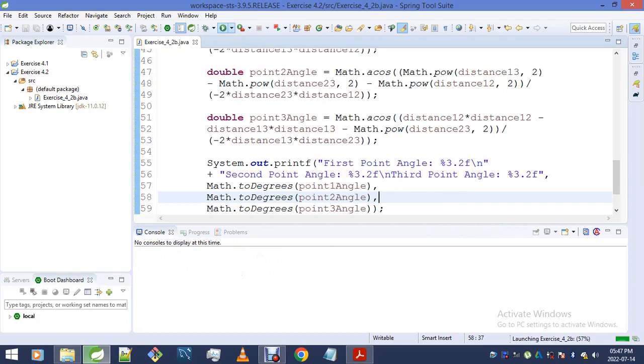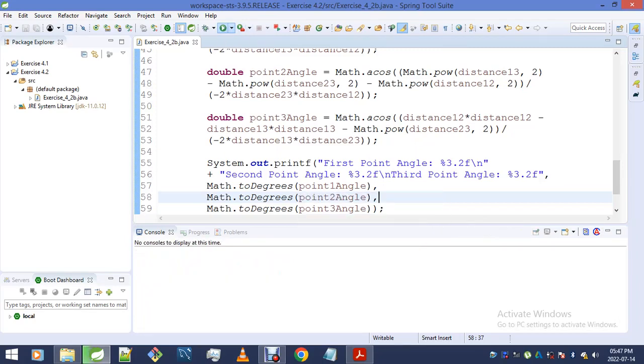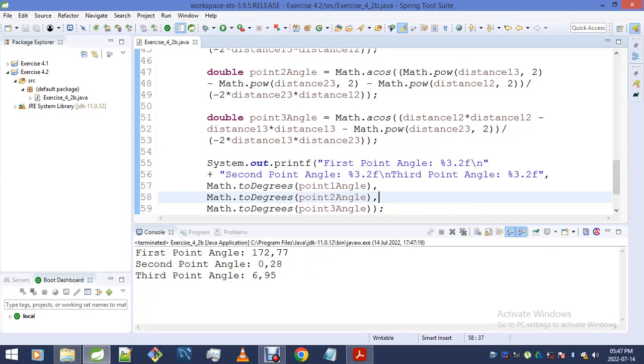Again, in general, you can get a number greater than 360 as your angle. However, you can always mod it by 360 in order to get some number between 0 and 360.